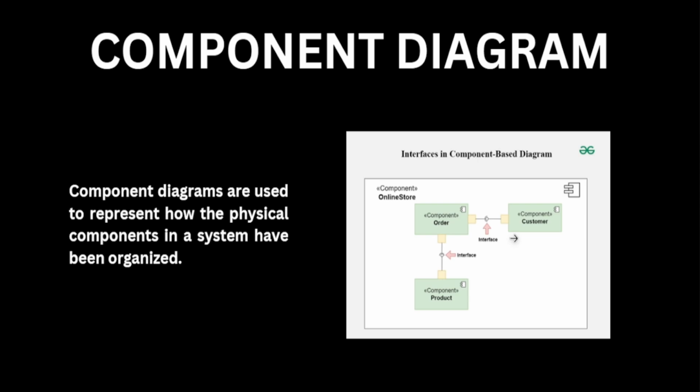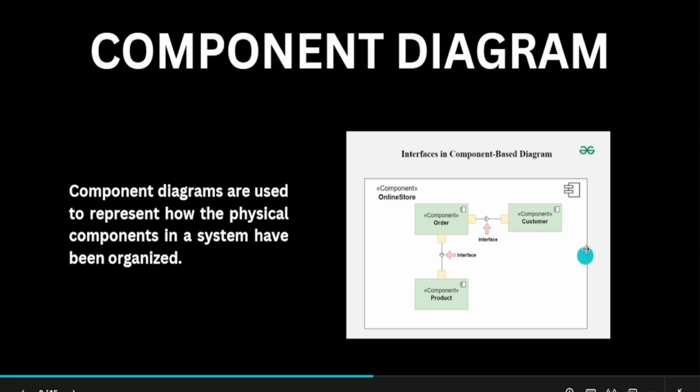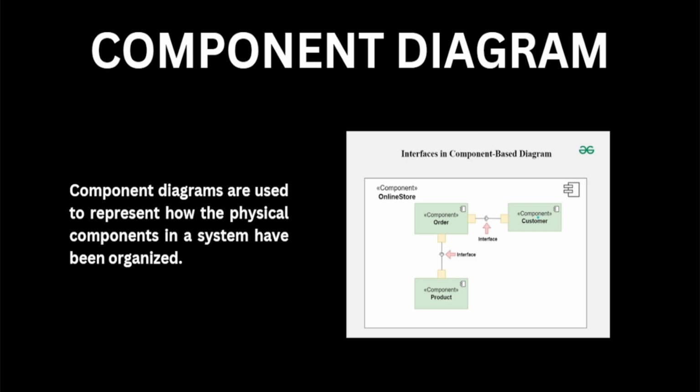And then component diagram. Component diagrams are used to represent how the physical components in a system have been organized. Yun nga, kung paano ka-organize yung isang system, yun yung component. Nagfo-focus ito sa physical aspect ng isang system, pinapakita nito kung gaano sila kadepende sa bawat isa.